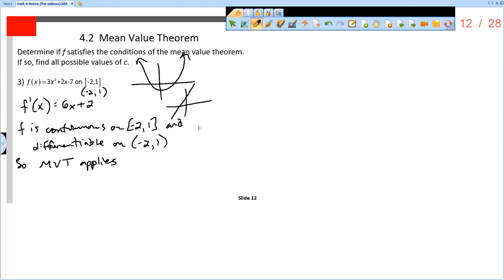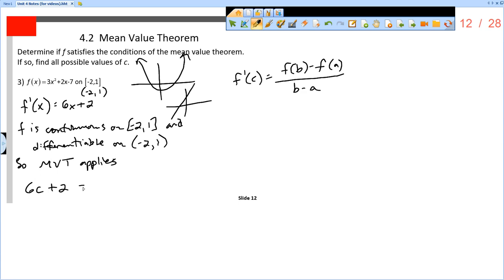All right, so that means what? Remember, the mean value theorem says f prime of c equals f of b minus f of a over b minus a, right? And so in this case, we have f of x equals 3x squared plus 2x minus 7, right? So f prime of c would be 6c plus 2.